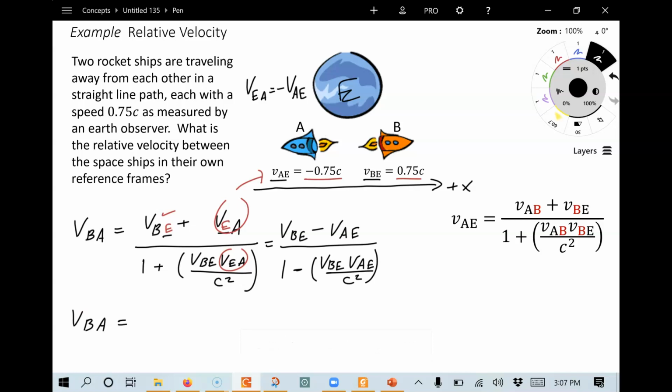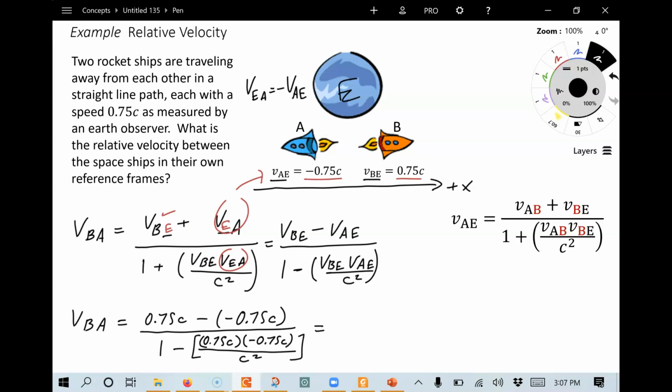So VBE, 0.75 multiplied by c. VAE, that's a negative 0.75 times c, all divided by 1 minus the product of these two, that's VBE, 0.75 c, multiplied by VAE, that's a negative 0.75 c, all divided by c squared.